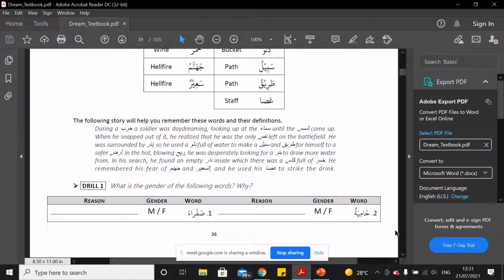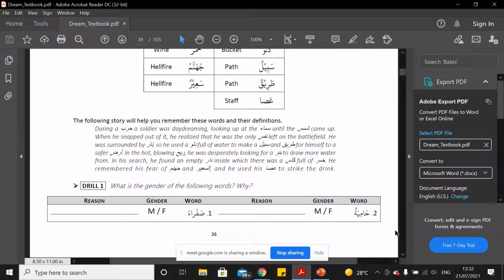He was surrounded by narun, so he used a dalun full of water to make a sabil and tariq for himself to a safer ardun in the hot boiling rihun. He was desperately looking for a bi'run to draw more water from.